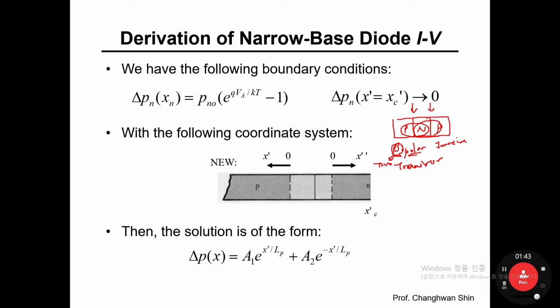A transistor basically has three different terminals, and the current flow between terminal A and B should be controlled fully by the third terminal C. In this case, the current flow from P to the other P is governed fully by C, I mean this N region.